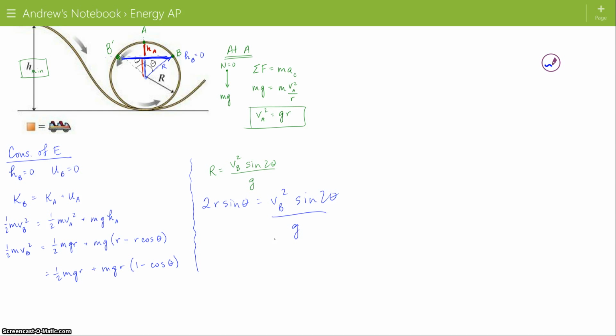Okay. I'm going to do a trig identity to change the right side of this equation. So sine of 2 theta is another way of saying the sine of theta times the cosine of theta over g. So I can cancel out the sine on both sides.